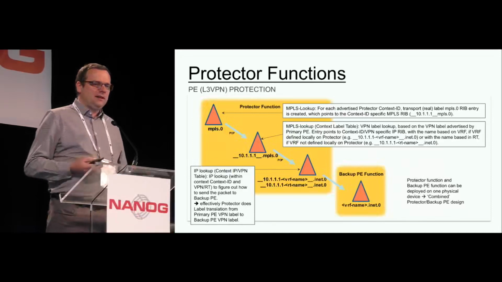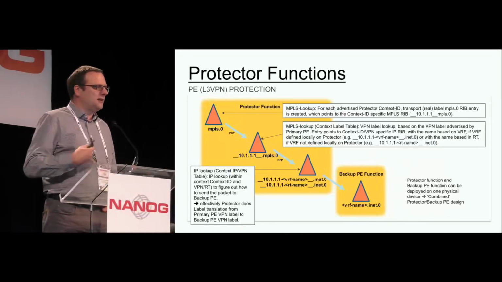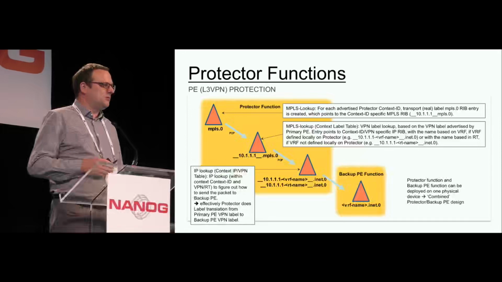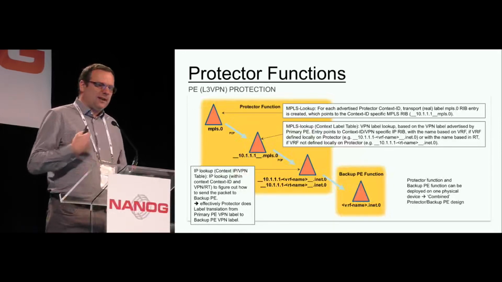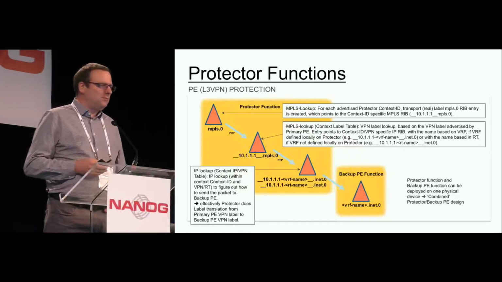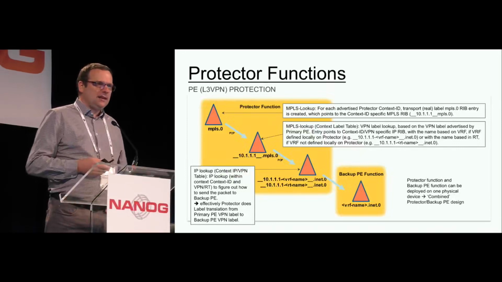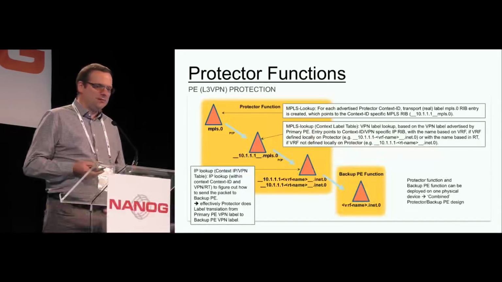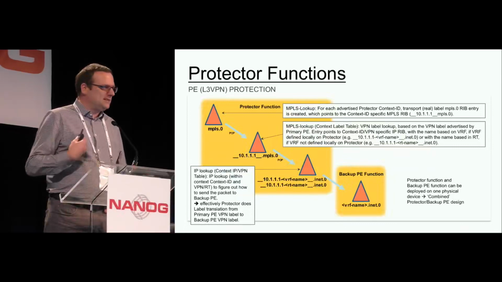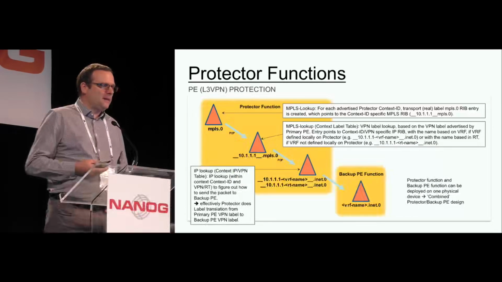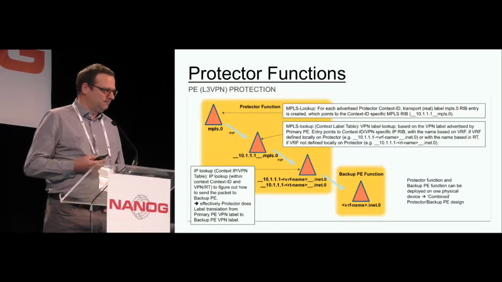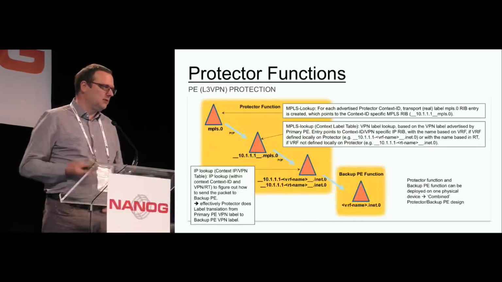In the MPLS table, I realize that the packet arrives with 26, for example, which means it needs to be looked up in the context ID MPLS table, the second table, this 10.1.1.1 underscore MPLS.0. In this table, I have the labels collected from P1. These are not my locally allocated labels, but labels allocated by P1 that I received.